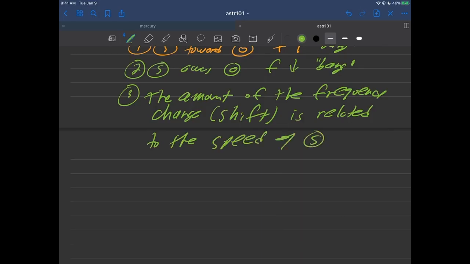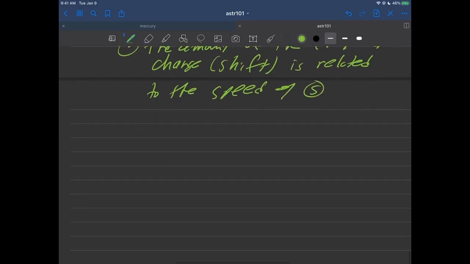Okay, so I only had control over one speed in the simulation, but if the speed went faster or slower, the frequency shift would get larger. So loosely speaking, let's just say the delta F, which is the frequency shift, is kind of proportional to the speed. So the faster you go, the higher the frequency shift. So if you keep these 3 things in mind, then you'll be ready now to discuss how Mercury's slow rotation was discovered.